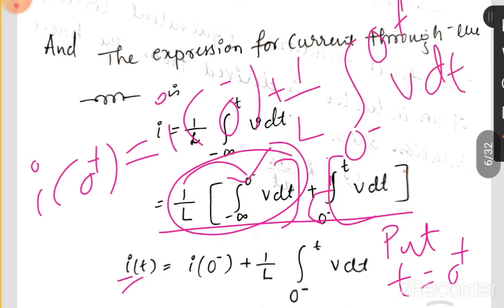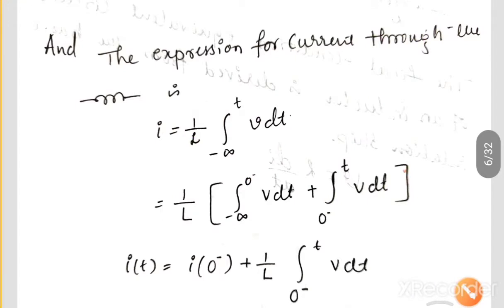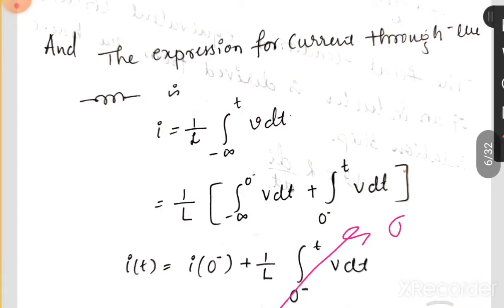So what is the change from 0 minus to 0 plus? Nothing. So you can take this as a 0 term. Therefore this term goes to 0, so I of 0 plus will be equal to I of 0 minus.